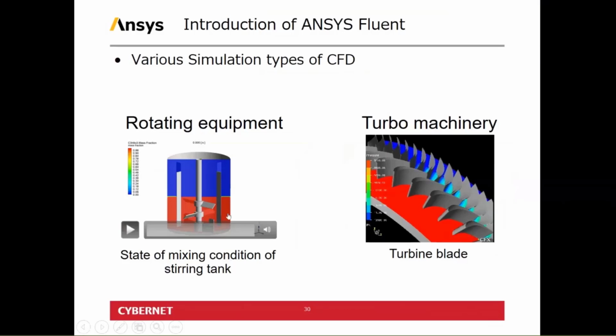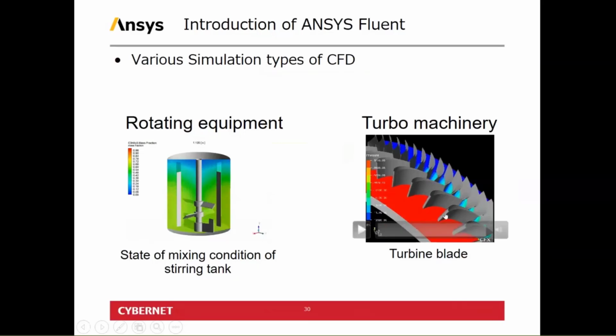Mixing conditions depend on the position of the blades and the baffles and the rotating speed of these blades. As a result, we can know how this liquid is mixing.